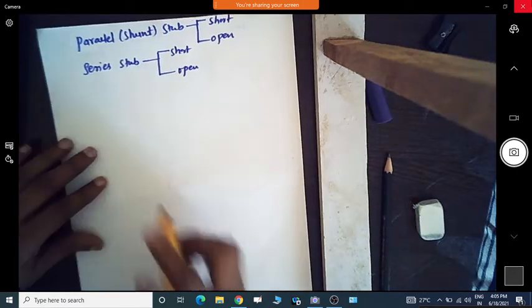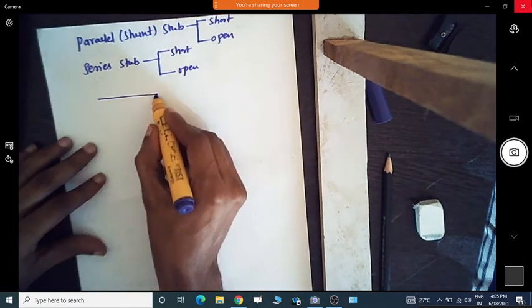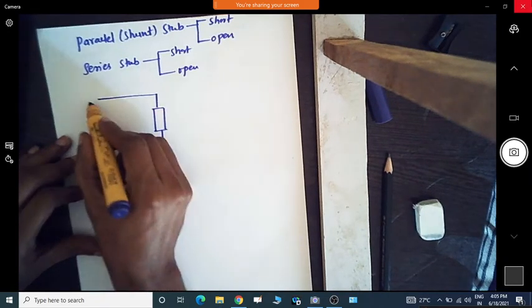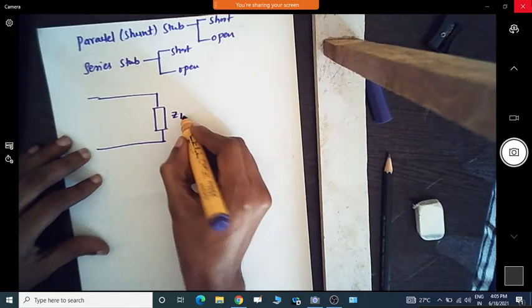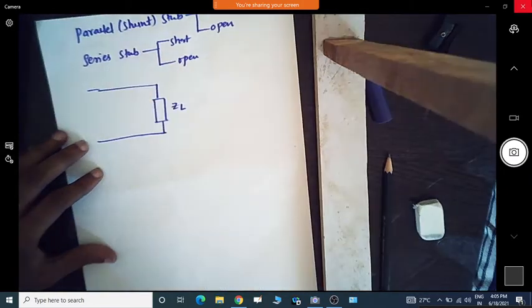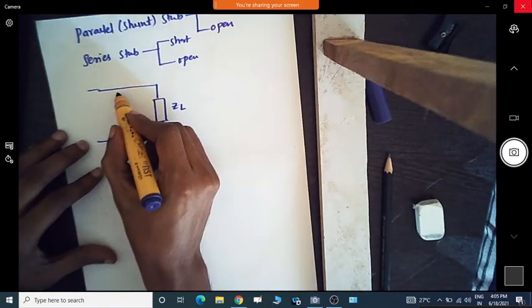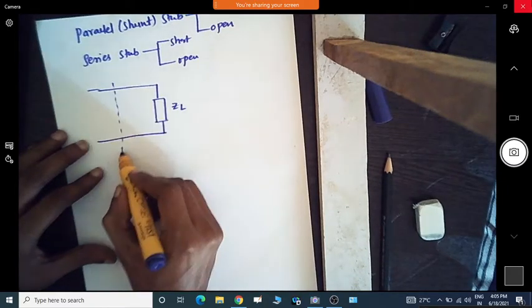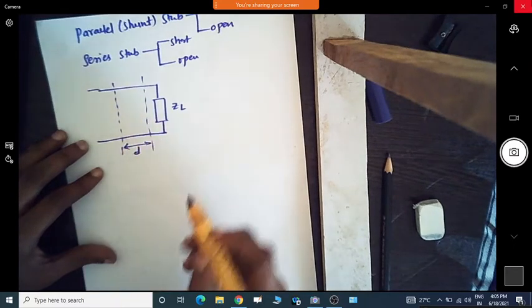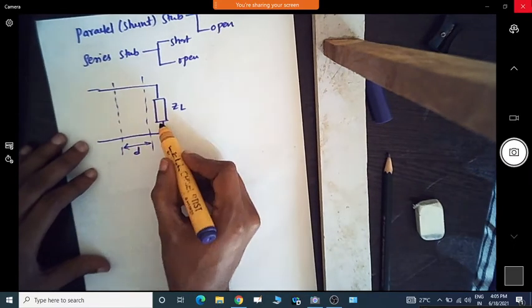Okay. Now if I take the load ZL, we can connect this stub, either parallel or series. So at some distance d from the load, let us take this distance as d, the location of the stub from the load point.